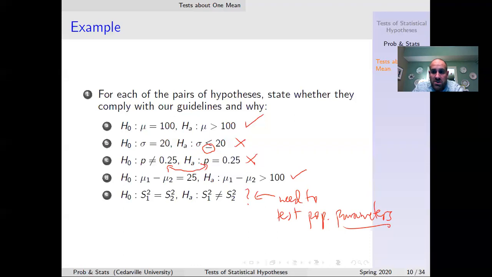We formulate them based on population parameters. And then we use the statistics to test whether those are reasonable. The null hypothesis is a reasonable thing to be operating under. I'm inclined to say that this is a no, but if indeed S1 squared and S2 squared represent some kind of population parameter, then we would be okay.